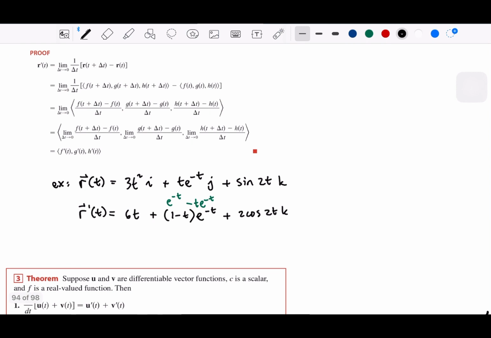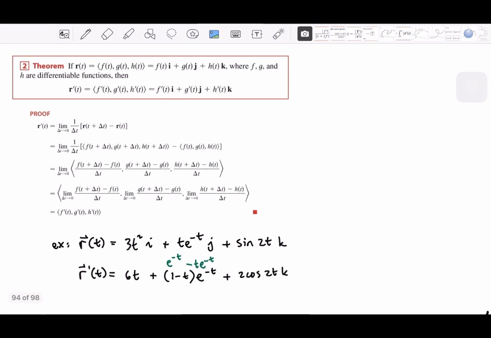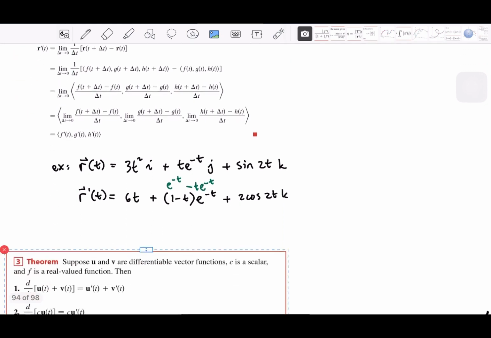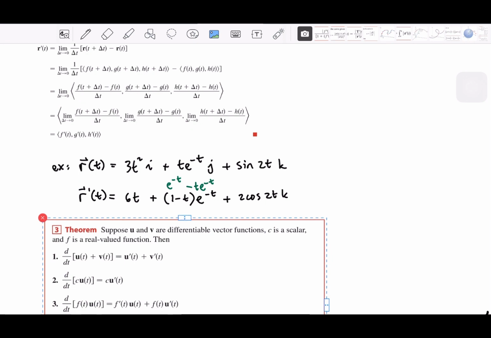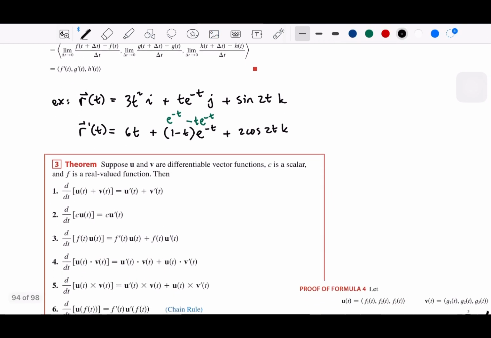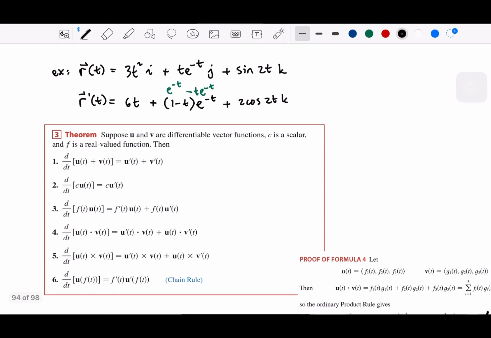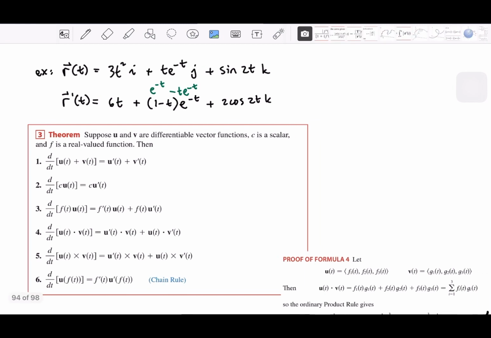Okay, after we get these definitions and the theorem, there are other properties that are probably helpful for vector functions. Some of it is the same as we did in calculus 1, but another one is, I think, quite new and important as well.